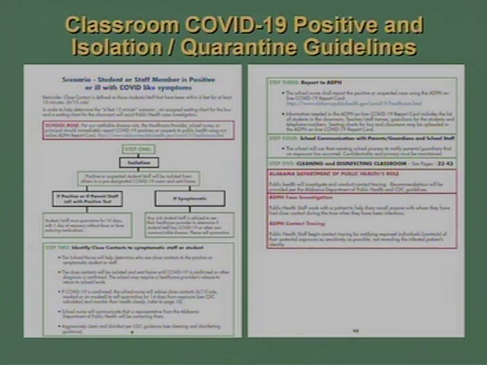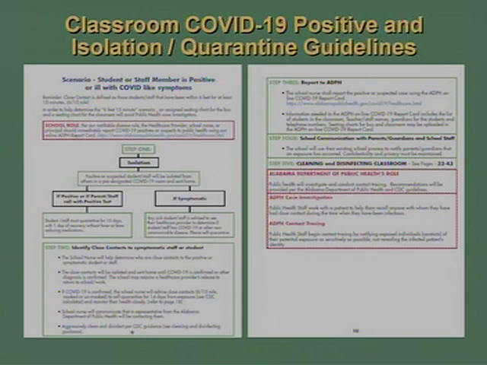For the past few months, we have been asked multiple questions about what the superintendents need to do, what the nurses' role is if a student gets ill at school, or if you find out that the student is positive at school or even after school. So we wanted to put this little algorithm together, and we're going to go through it.